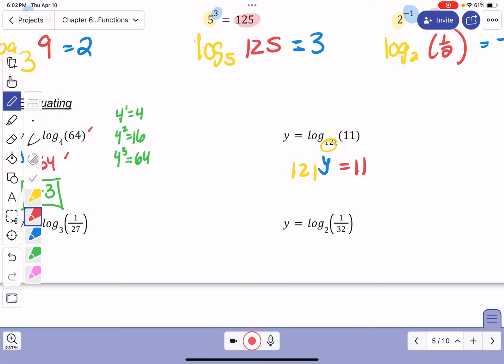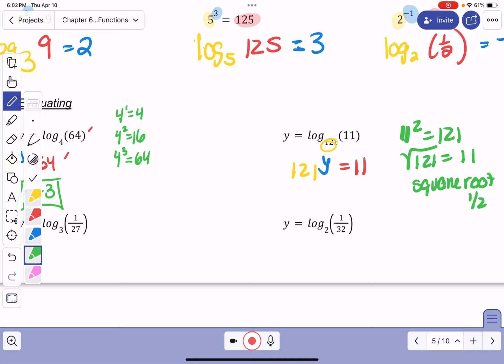So now 11 squared is 121. The square root of 121 is 11. And as an exponent, square root is a half. So this is like saying 121 to the 1/2 equals 11. So y would equal 1/2.